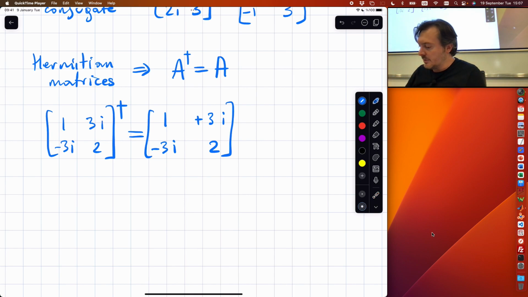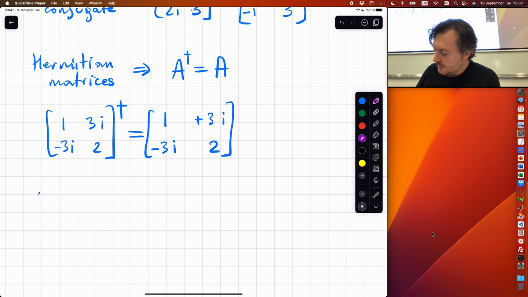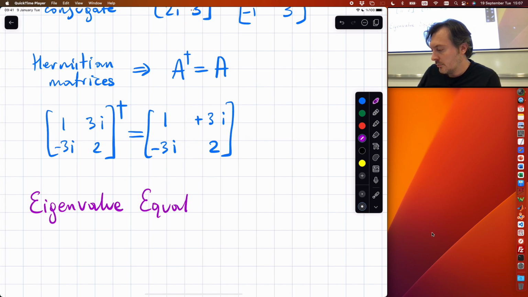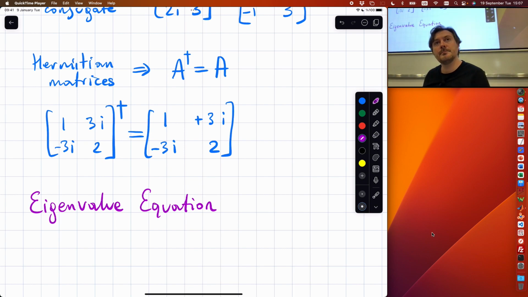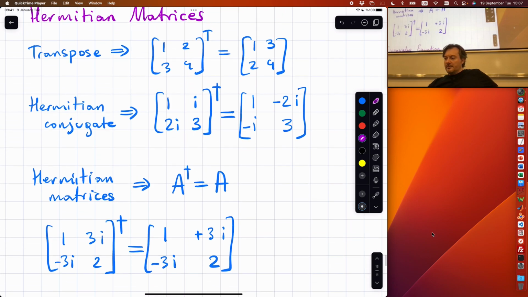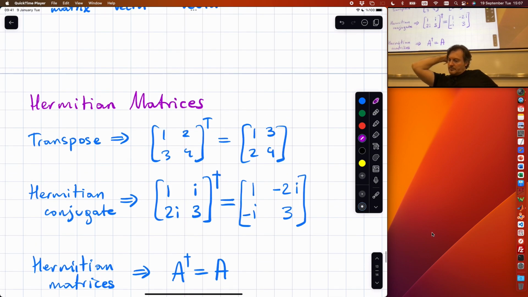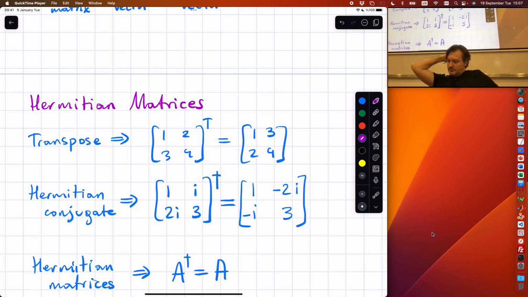Let's now talk about the eigenvalue equation. When we compare the definition of the Hermitian matrix with this Hermitian conjugate equation, it can only be conditional. What do you mean by that?